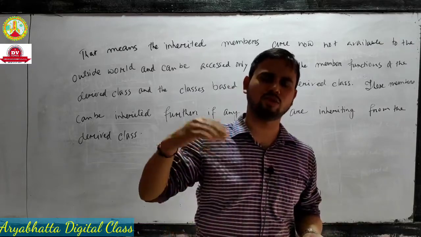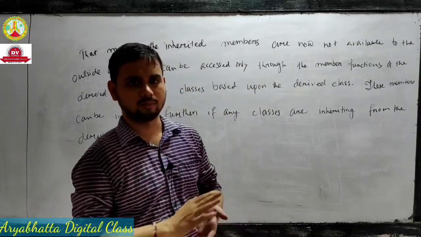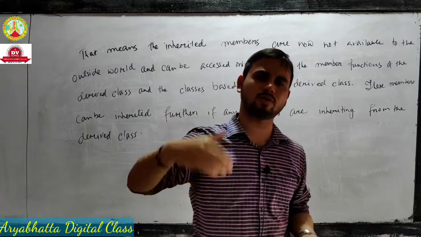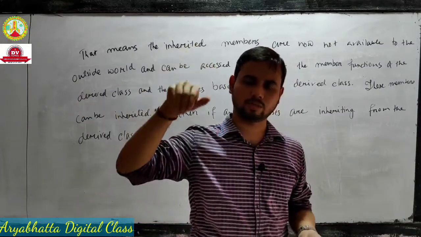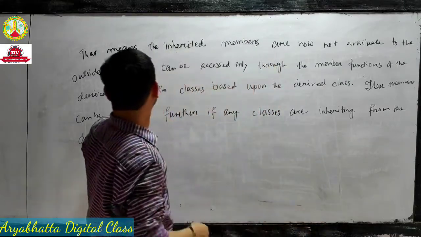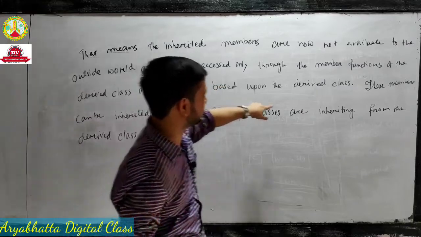I already gave you the note that private members are not inheritable, but protected members are inheritable, under some conditions. Means in public derivation the inheritable members will be protected, and the protected inheritable members will also be protected. The outside world can access them only through the member functions of the derived class and the classes based upon the derived class.